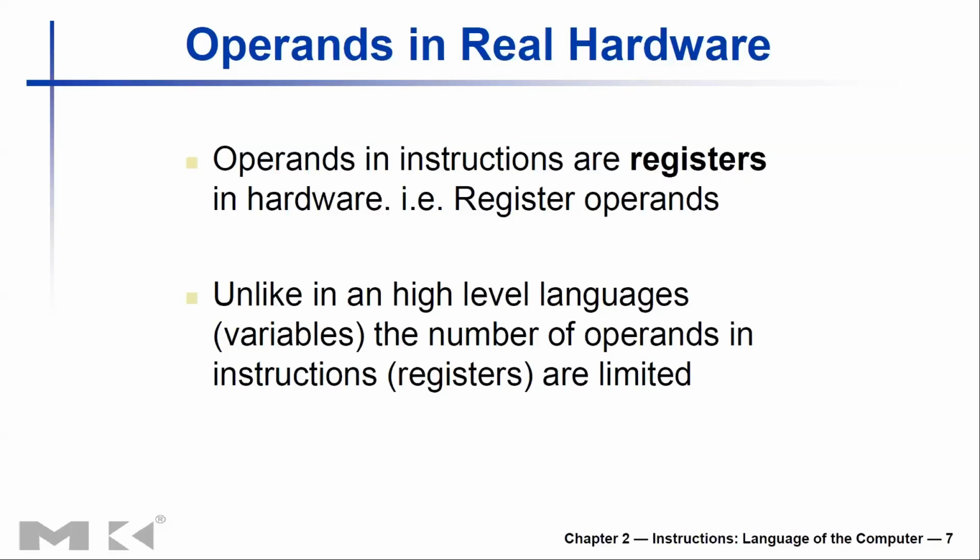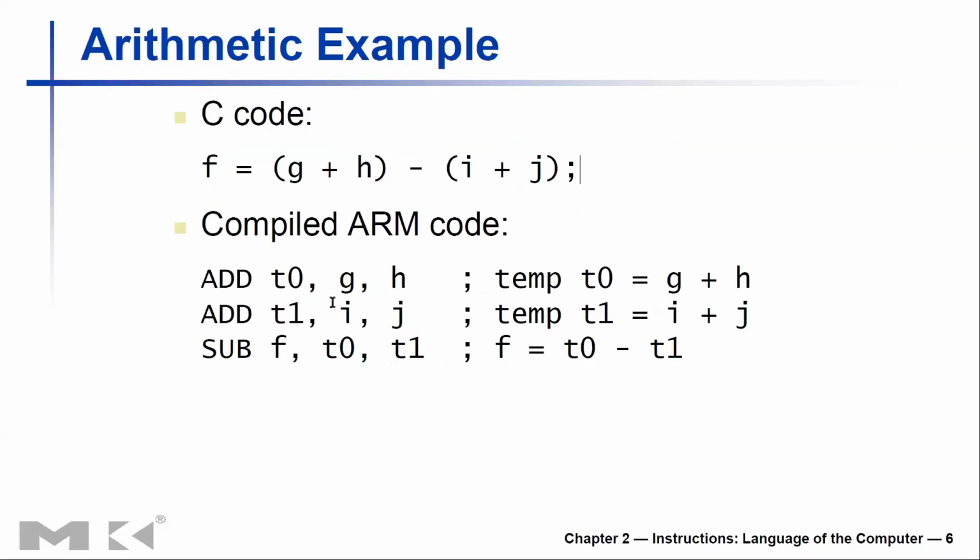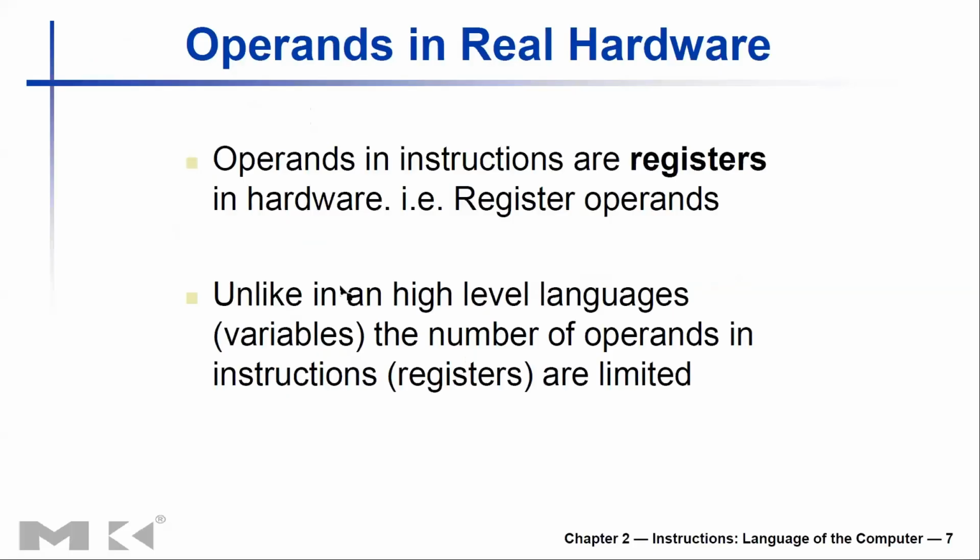So we are storing these operands in registers in real hardware. Things like t0, g, h, t1, i, j, we call them register operands because these values are going to be stored in registers in real hardware.